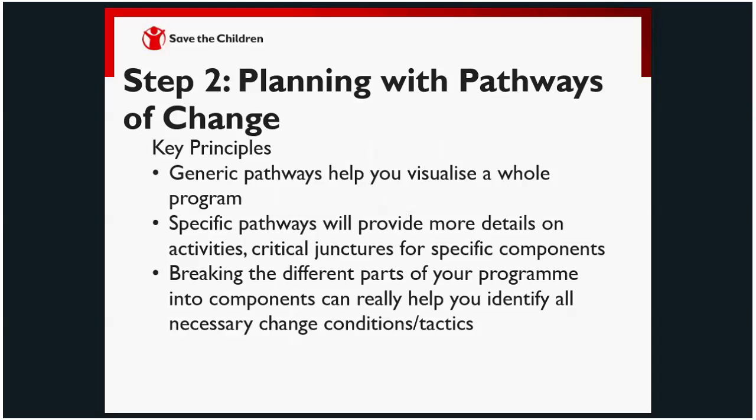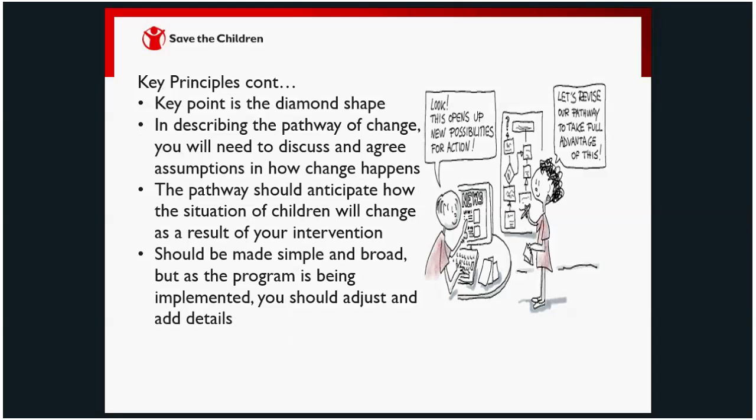It can really help you to identify all the necessary changes. So whether you have different outcomes towards achieving your end goal, you might want to break all of these outcomes out separately in order to identify all the necessary conditions in relation to that. The key point is that diamond shape, which is your critical juncture, which are your intermediary changes, based on which you can alter your pathway or move forward with your pathway.